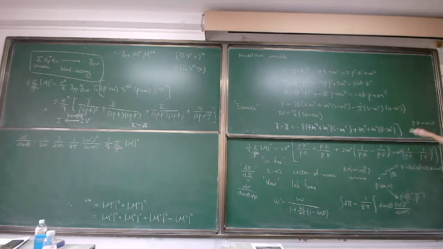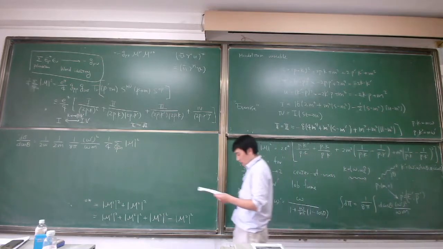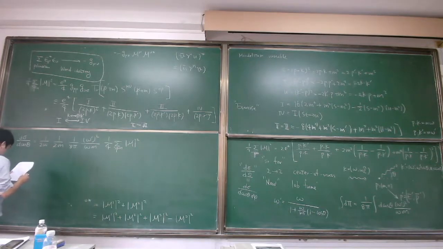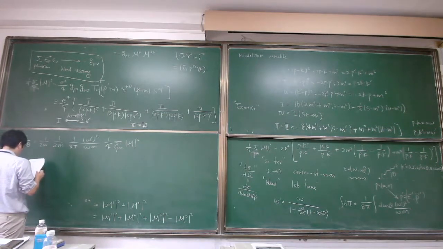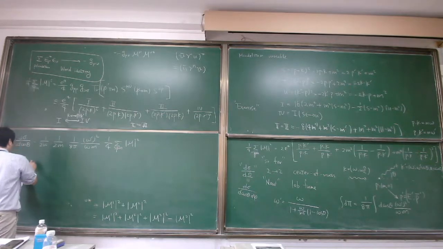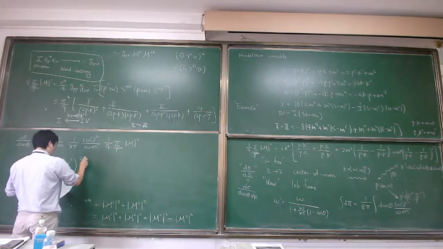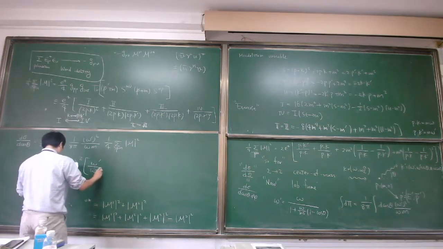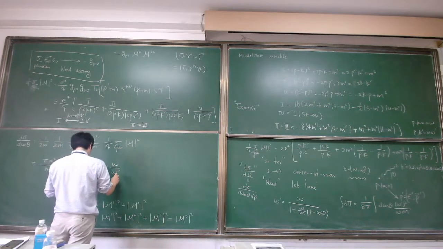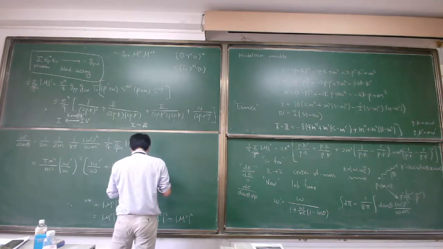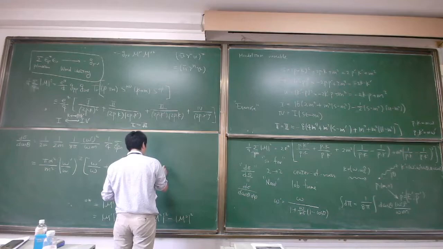So just plug that into here, and what you end up with, I think I made lots of typos in the lecture notes, is pi alpha squared over m squared, omega prime over omega squared, and the final answer is very simple indeed. This is called the Klein-Nishina formula.